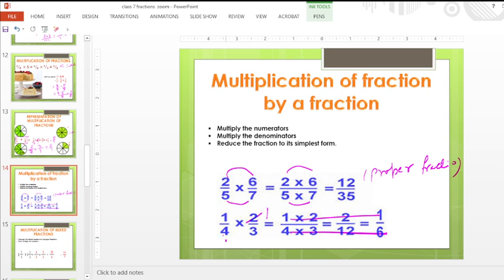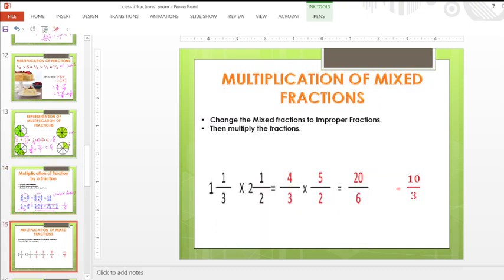So 2 divided by 2, 1. 4 divided by 2, quotient is 2. Then multiply the numerators, and 2 into 3, 6. 1 by 6 you're getting. So easy. See here, long method, and here directly cut and write the answer. In one line you can solve this. So always go by this one, cutting and finding the answer.